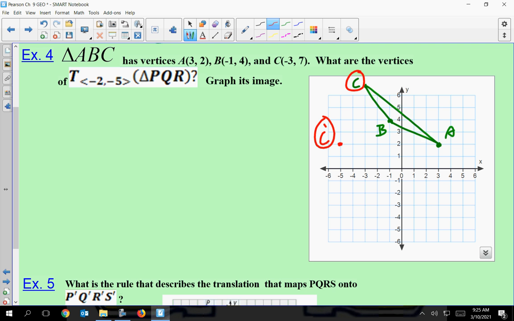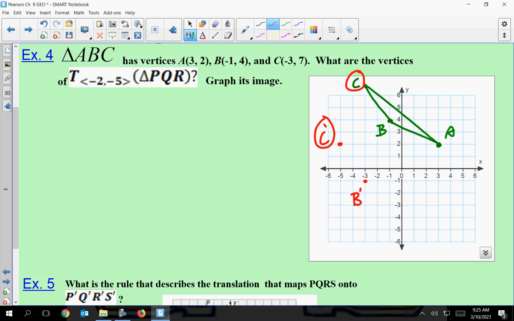Okay, for B, I'm going to go in the negative 2 direction, and then in the negative 5 direction. So that's going to get me down to here. Okay. And then for A, I'm going to go in the negative 2 direction from here and then down 5.